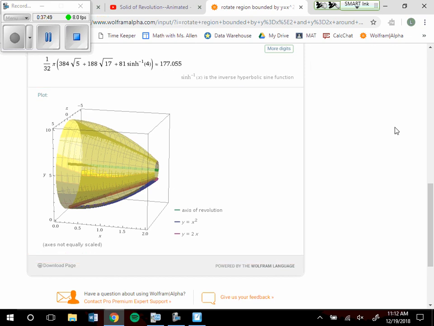Man, if I had the main version, I could rotate this. But do you see how there's a huge hole in the middle? It's not connected at all, not even at the end. So it's just going to be this region with a big hole in the middle. Yeah, it's sort of like a lampshade.